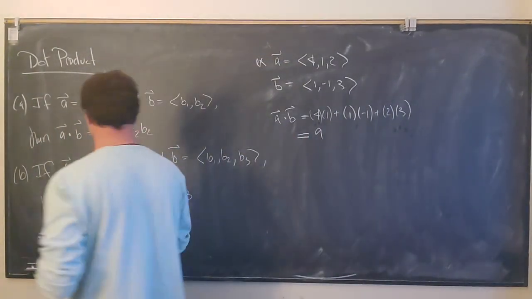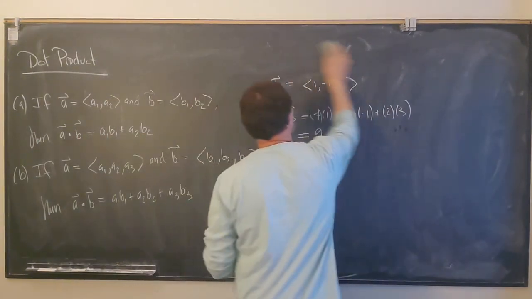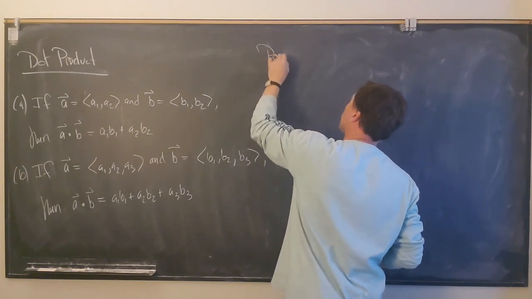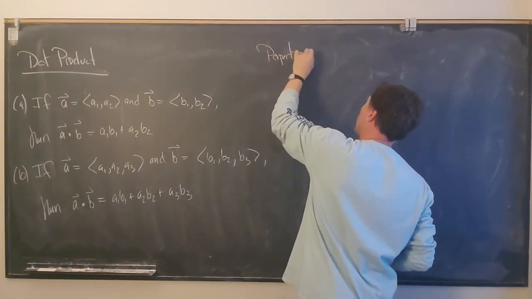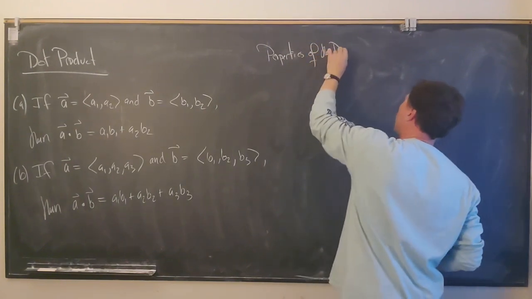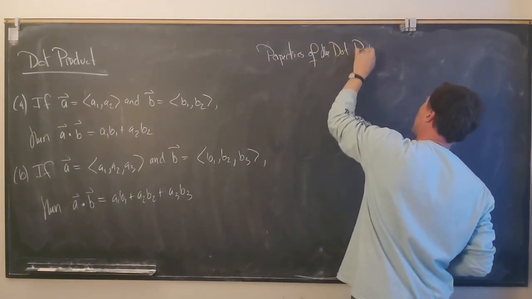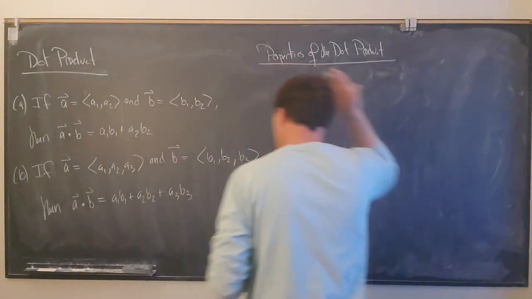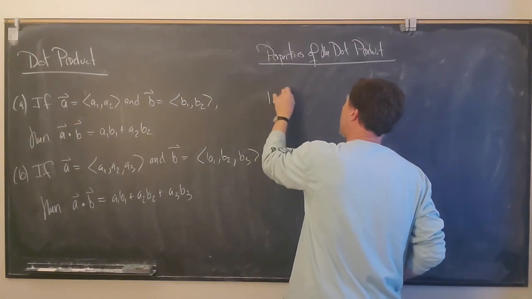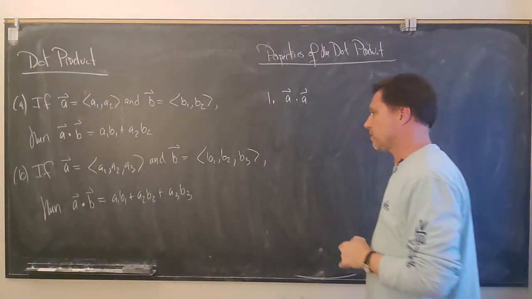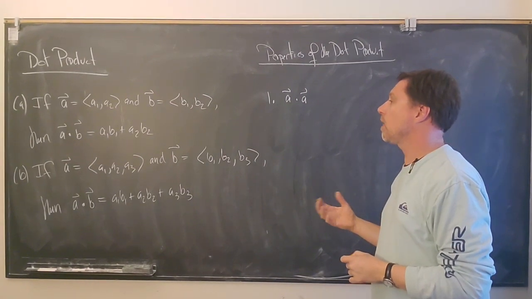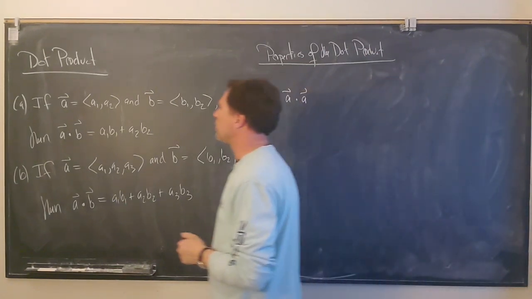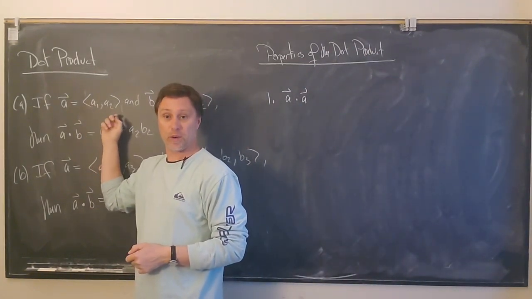Now there's a few properties of the dot product. Let me put them here. Properties of the dot product. The first one: if you do A dot A, so if you take some vector and take the dot product with itself, in the two-dimensional version, you get A1 squared plus A2 squared.